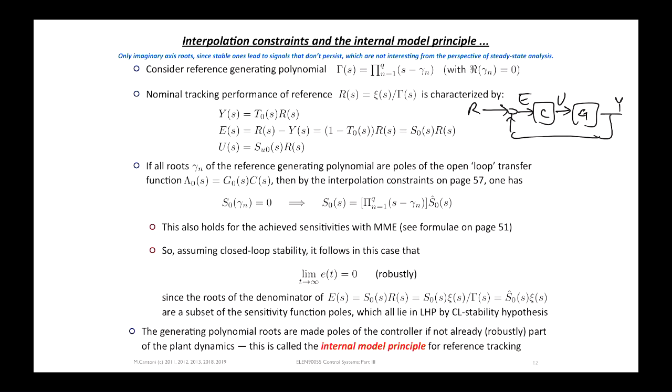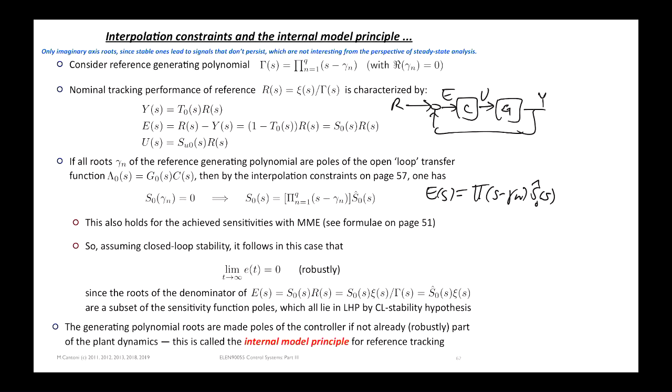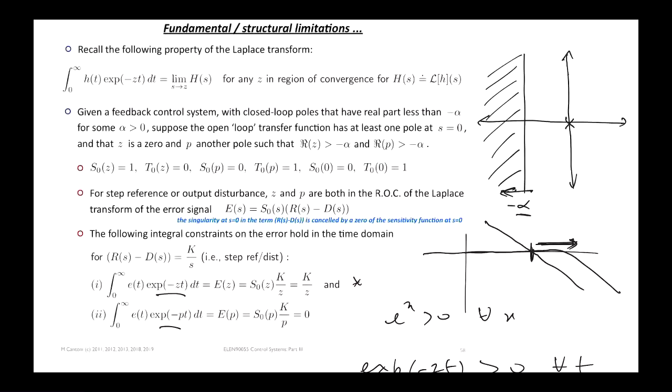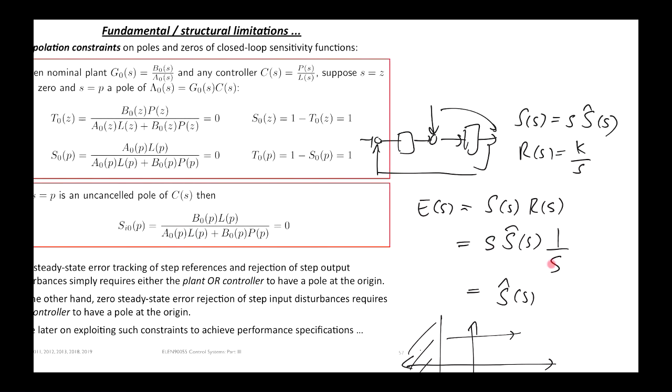So if we want to know what the error looks like, it will look like this product of the s minus gamma n's, s hat of s times the reference, and the reference is this polynomial psi divided by the reference polynomial. So these guys cancel each other out, just like back here, the s's cancelled each other out, leaving us with the Laplace transform of the error signal being given by this function here.